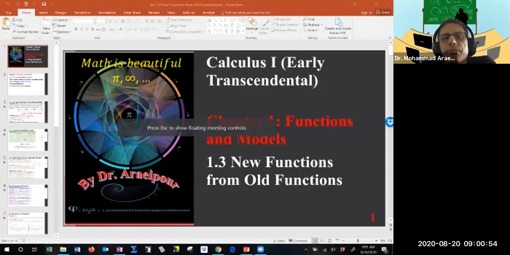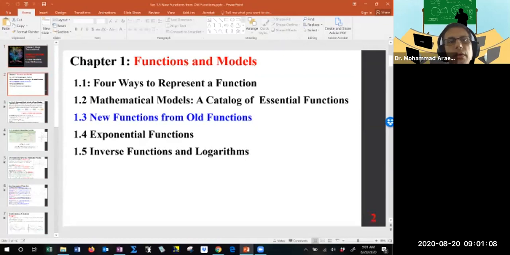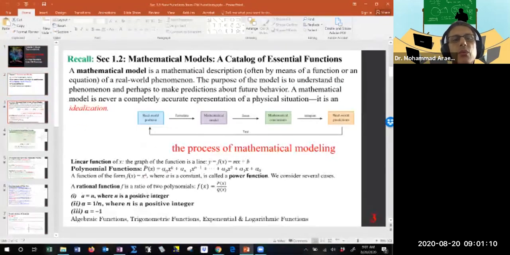All right, class. The next topic is looking at new functions from old functions and the idea of a transformation. This is section 1.3. We looked at the concept of mathematical models, and various types of functions, such as linear functions, polynomial functions, rational functions, algebraic functions, exponential functions.